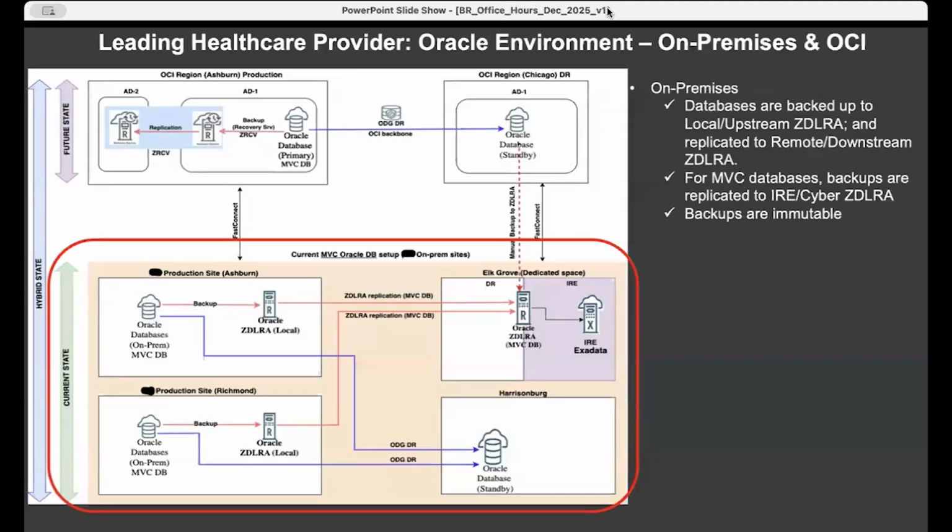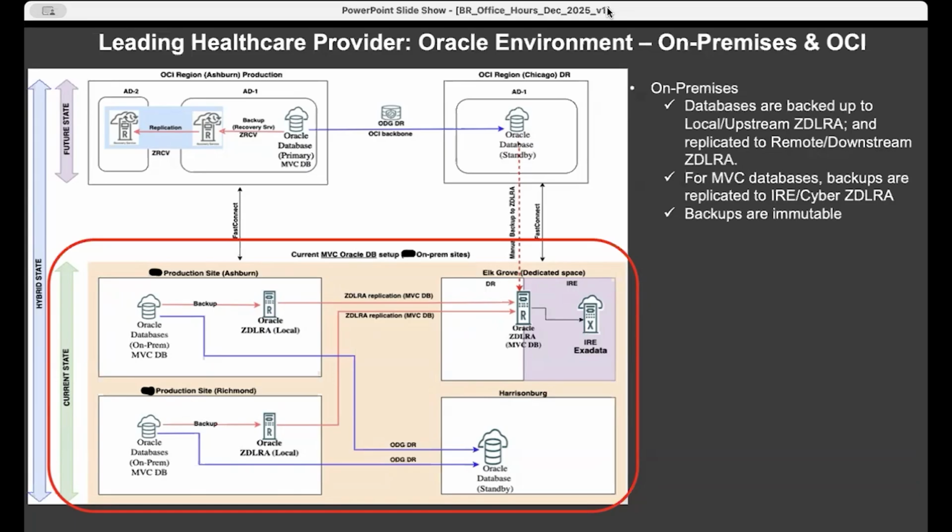When we test a cyber event exercise, we identify which applications we want to test for cyber resiliency, and based on those applications, we identify which databases we need to restore.